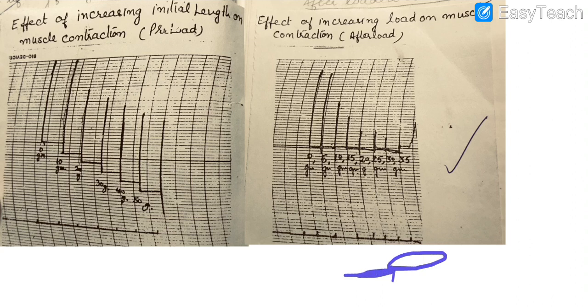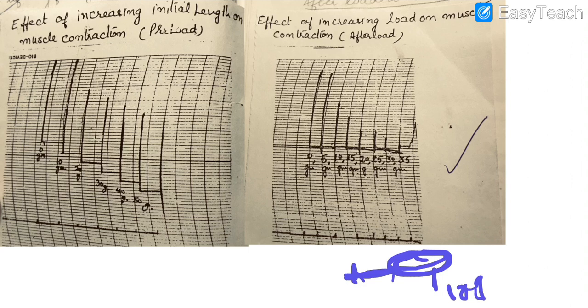We will put the setup in such a way that when we provide the stimulus, the muscle starts contracting. As soon as the muscle starts contracting, we add that weight of 10 gram, right? So that is the effect of the afterload.